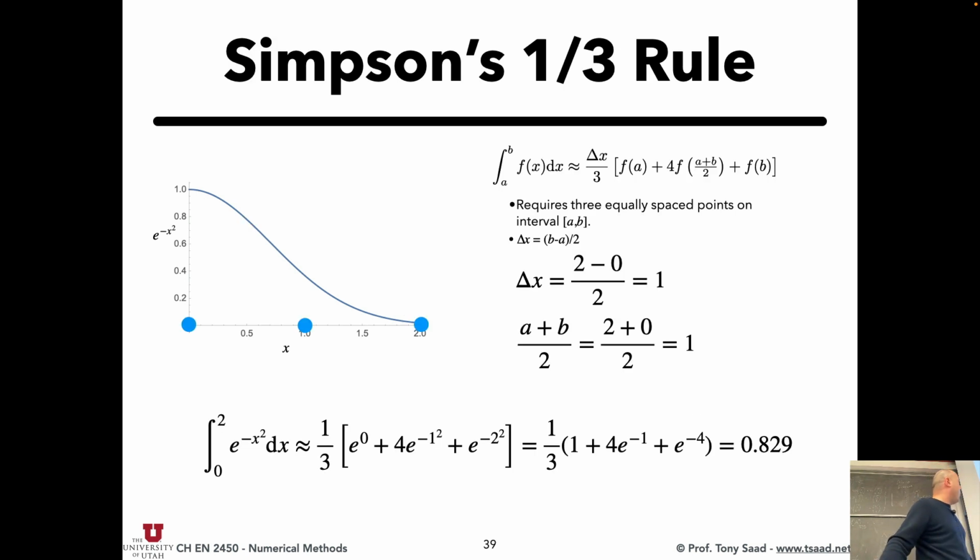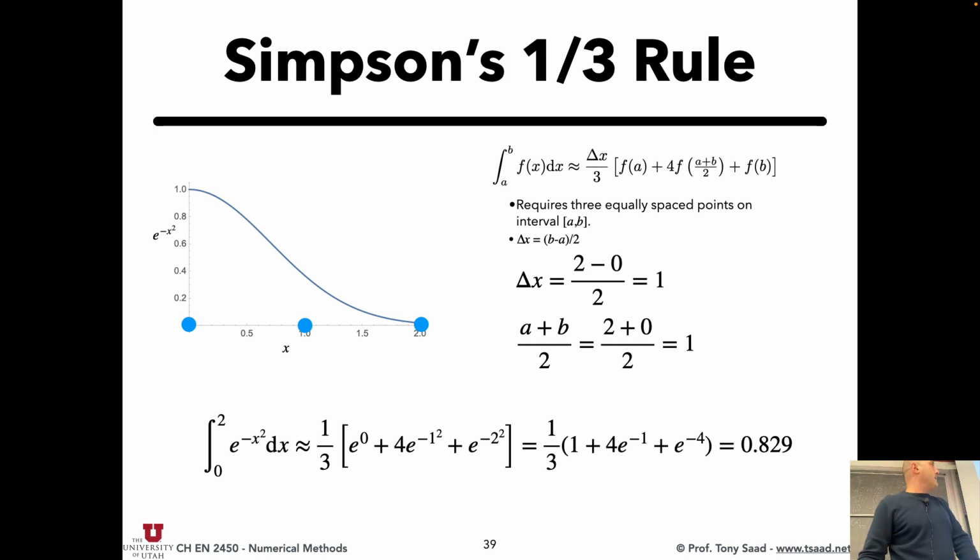Simpson's 1/3 rule. First, you need to get those points. You calculate delta x, which is given by (b minus a) over 2, and then you have your points, f of a, f of (a plus b) over 2, and f of b. Then you just implement that formula. You can do it on the calculator and get an approximation.